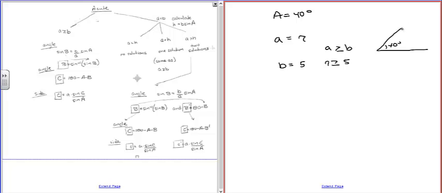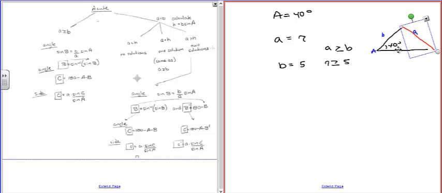The length of the opposite side is A, and A is greater than B. So this is side A. This is angle A. This is side B. So what happens here is if I take this thing and I rotate it around, you can see that there's only one place this thing can run into the extension of this.